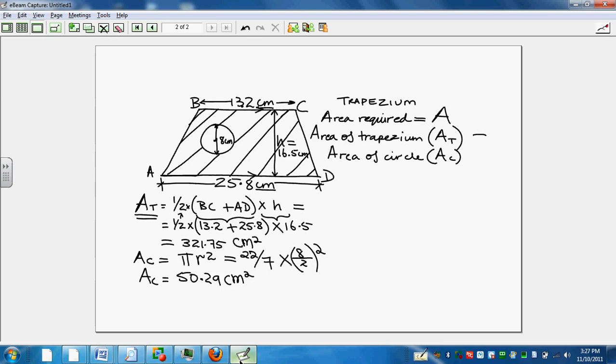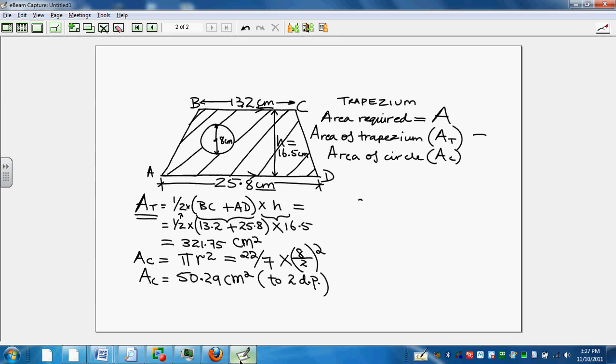But we are rounding that off correct to 2 decimal places. Okay, we did a little rounding off there to 2 decimal places. The next step, of course, would be to find A, which is AT minus AC, the area of the trapezium minus the area of the circle.